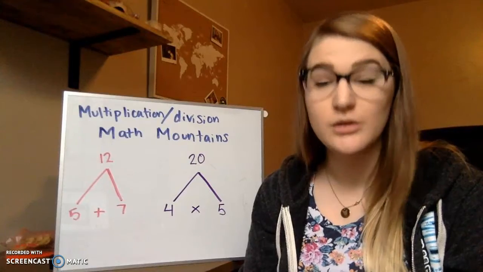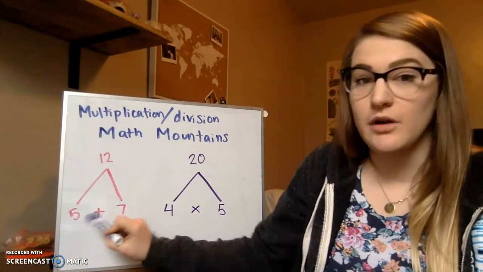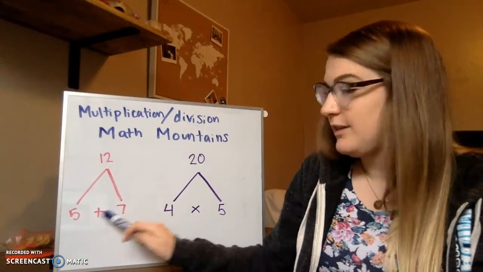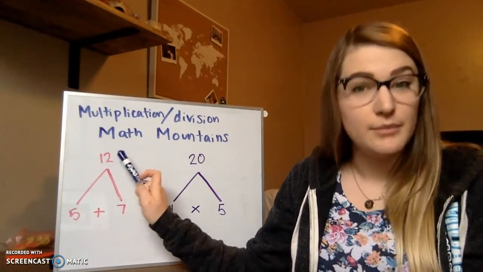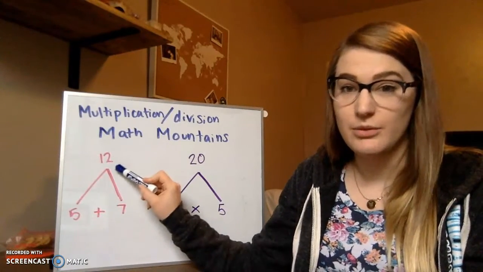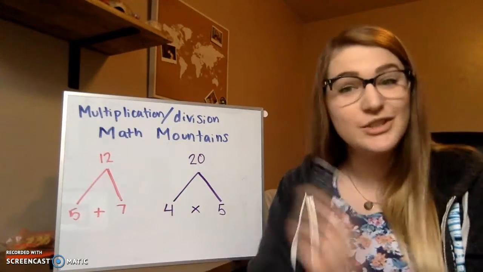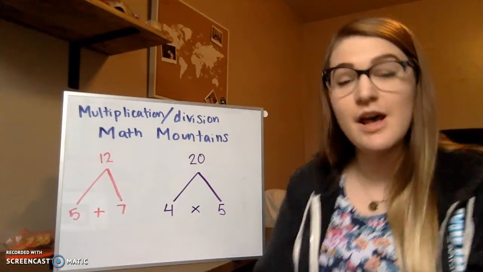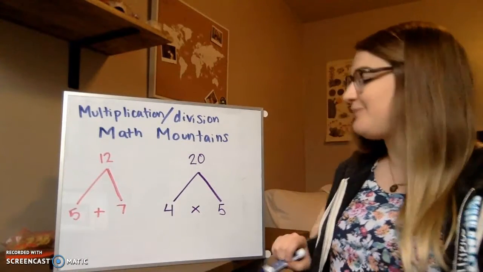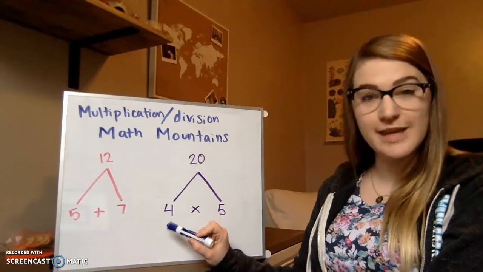All right, so we've already talked about how we can use Math Mountains for addition and subtraction. So for this one, 5 plus 7 equals 12, but we also know that 12 minus 5 equals 7, and 12 minus 7 equals 5. But did you also know you can use Math Mountains for multiplication and division? It's true. So instead of addition, we're just going to use multiplication.